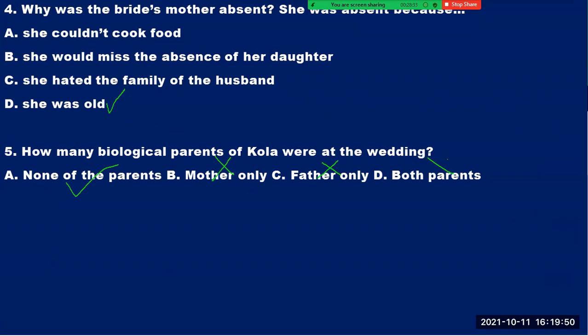Both parents were not there, so we eliminate this. The answer is A, none of the parents was at the wedding. So this is how to answer the comprehension questions, which incidentally are objective questions as well in the Junior School Certificate Examination or Basic Education Certificate Examination.